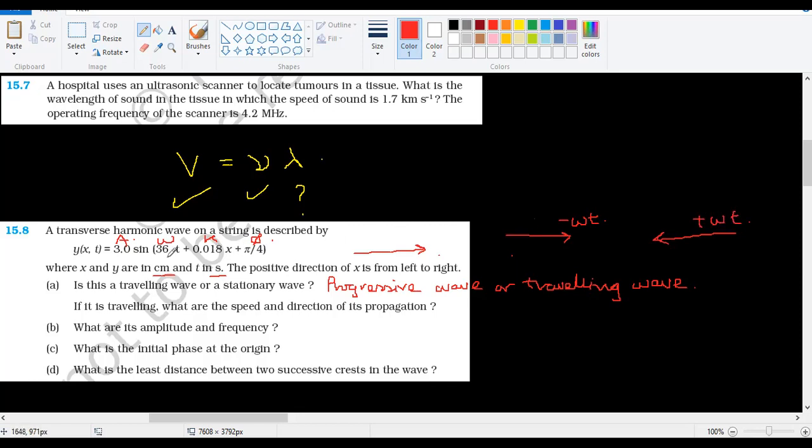Since I am seeing a plus ωt, I will say the direction is right to left. What is its amplitude? Amplitude is easy, 3.